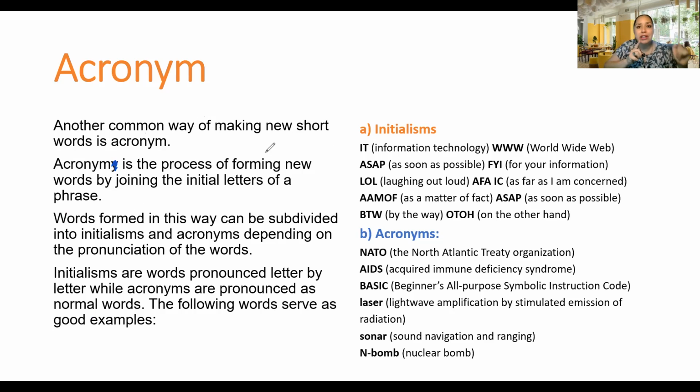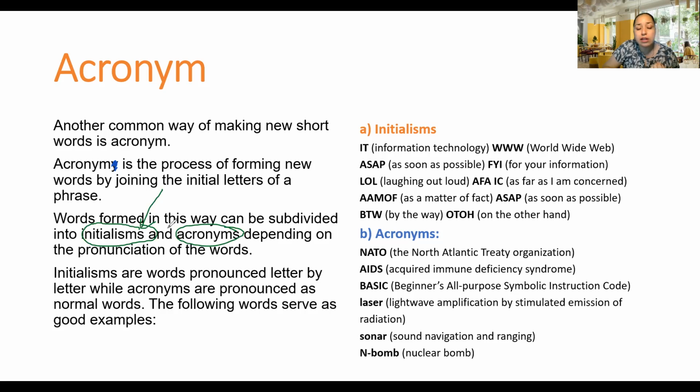Taking the initial letters when you have a phrase. Words formed this way can be subdivided into initialisms and acronyms depending on the pronunciation of the words. So there is a difference even among the acronyms.